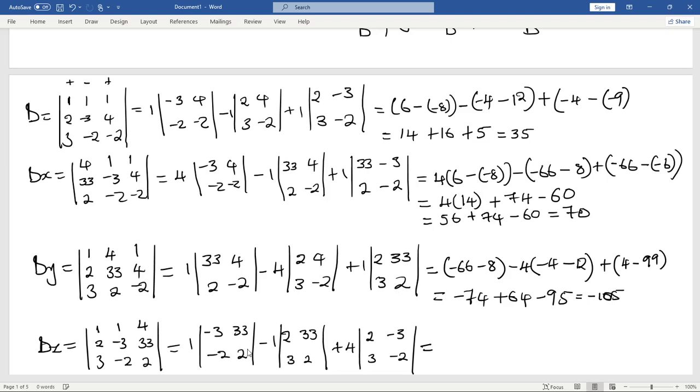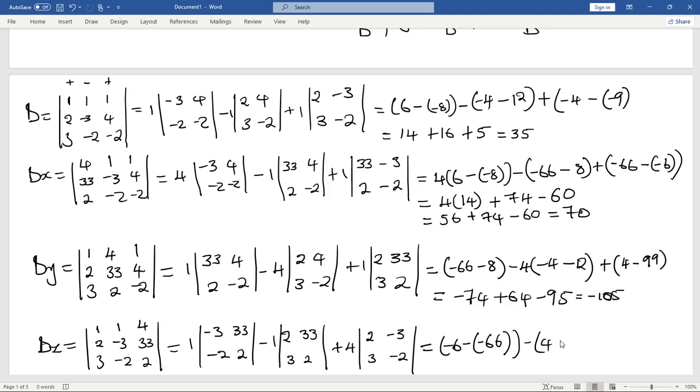negative 3 by 2 here, we get negative 6. Then negative 2 by 33 here, we get, so this is minus negative 66. We close there. Minus here, 2 by 2 here, we get 4.